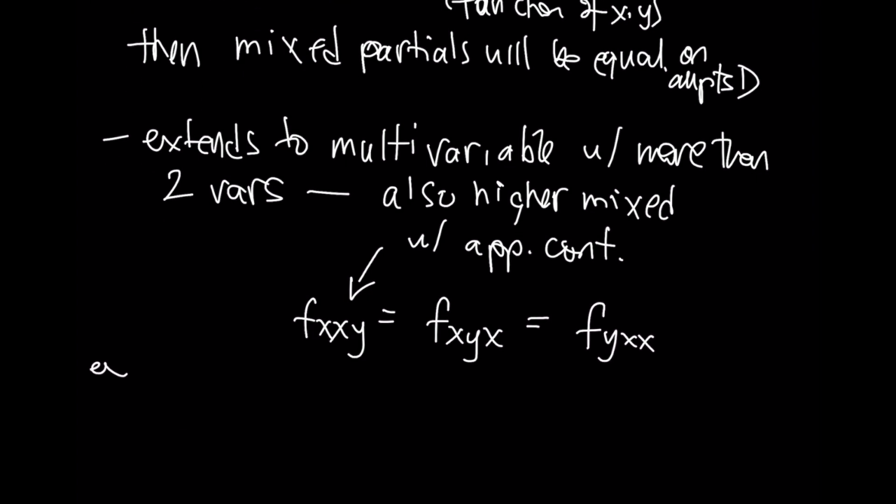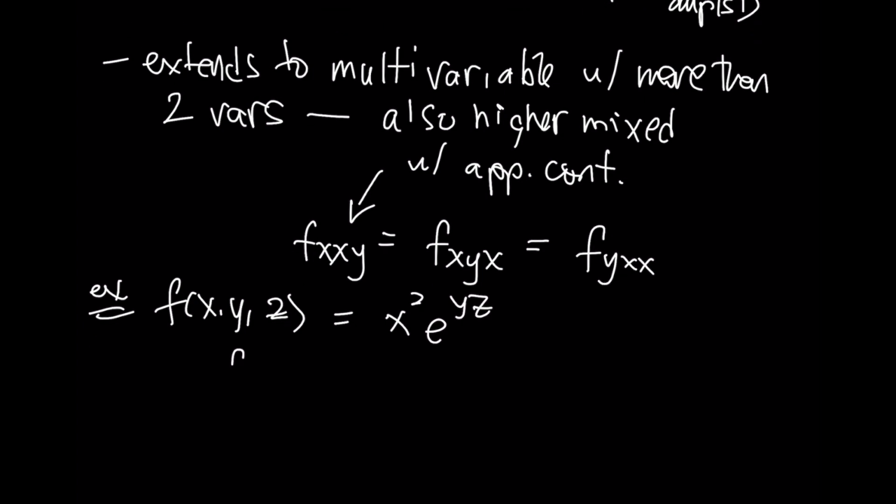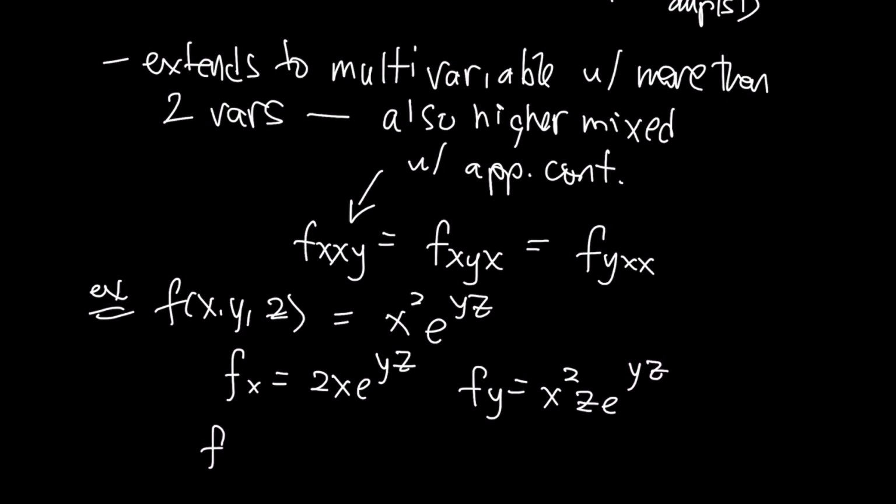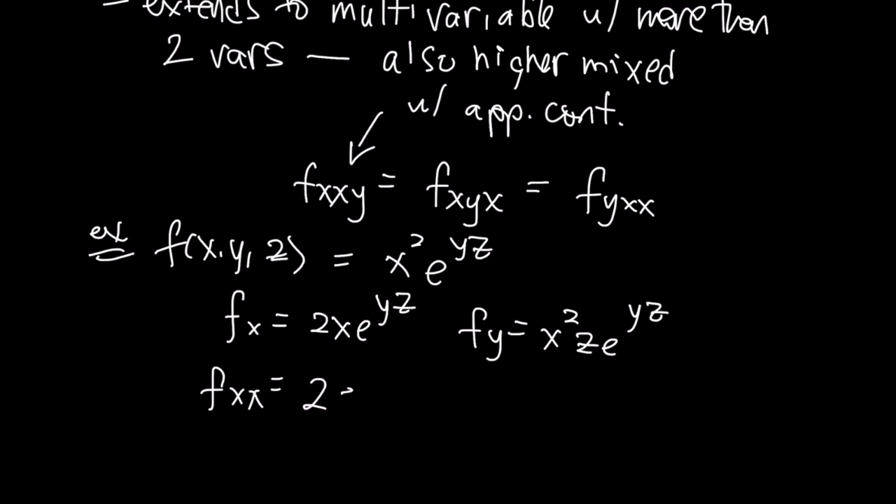And in the example that I did a little earlier, when I had this expression here, x squared e to the yz, remember that fx was 2x e to the yz, fy was x squared z e to the yz. If I wanted fxx, I would get 2 e to the yz.